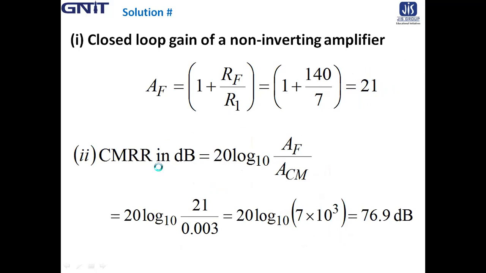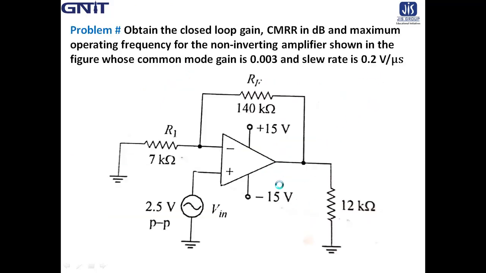Next, you have to determine the CMRR in dB. That is 20 log differential voltage gain by common mode voltage gain. Now differential voltage gain is already determined, which is 21 AF, and common mode voltage gain is given, that is 0.003.